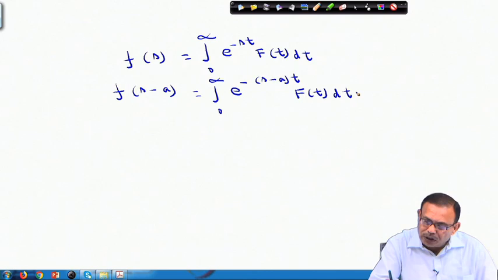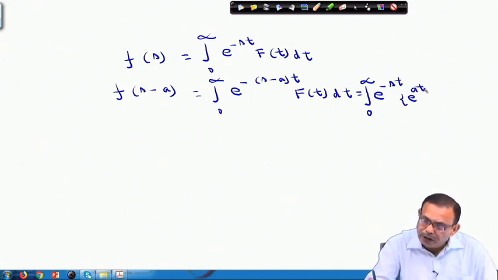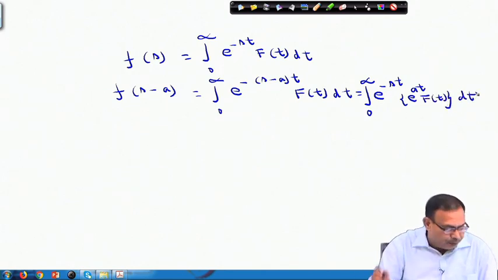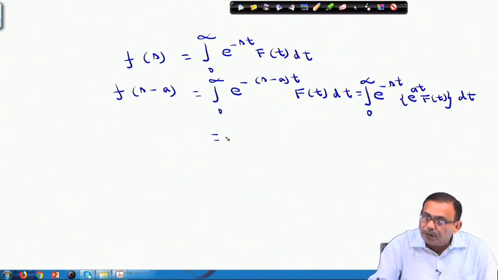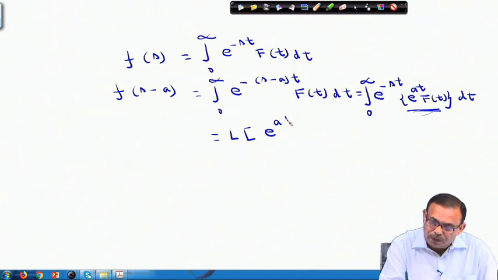This equals, again, the integral from 0 to infinity of e power minus s t, and inside the bracket you can write e power a t into f(t), dt. This is nothing but, from the definition of Laplace transform, the Laplace transform of e power a t into f(t). Therefore, this equals Laplace transform of e power a t into f(t).